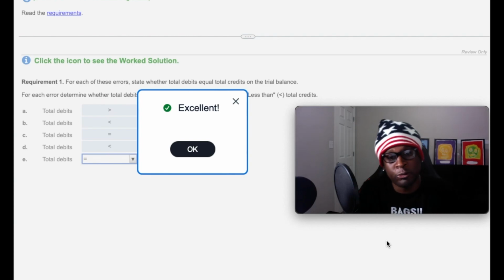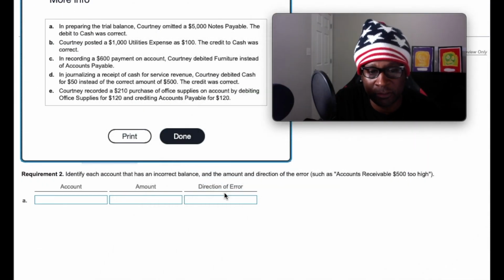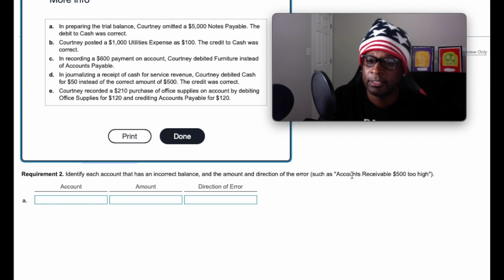We are almost through. Requirement 2 tells us to identify each account that has an incorrect balance, the amount, and the direction of the error, such as accounts receivable, $500 too high. All right, gang. So back to A. What happened? Courtney omitted $5,000 of notes payable, but the cash was correct in the journal entry.